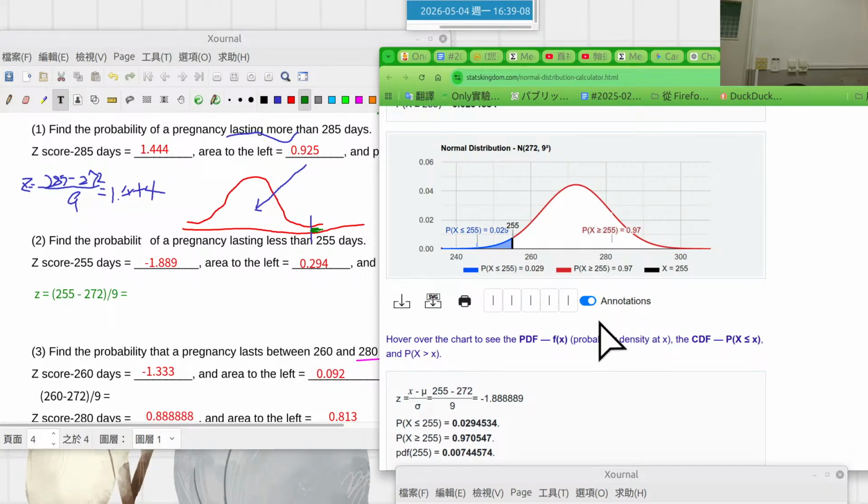And the area is 0.029. Very small. The probability is very small. I'm sorry, I made a mistake here. It should be 0.029.